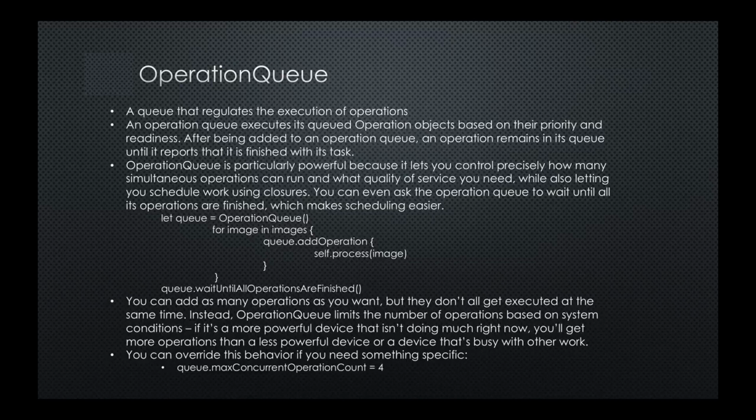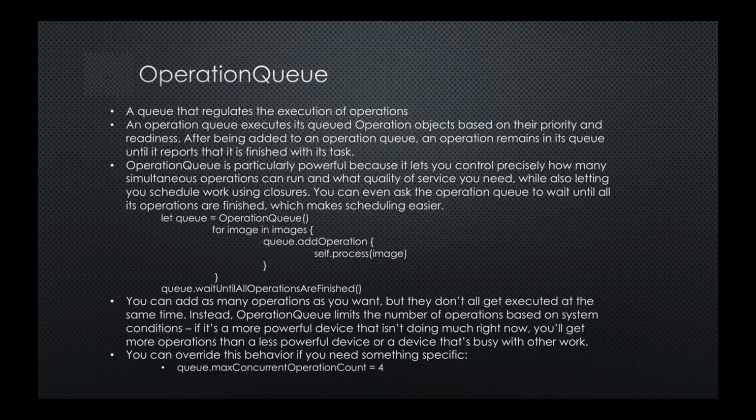Okay, operation queue, right? So operation is a particular task. How do you perform it? How do you execute it? That is where operation queue comes in. A queue that regulates the execution of operations. So when you have to execute your operations, you will have to put them in a queue, and then that queue will execute all your operations.